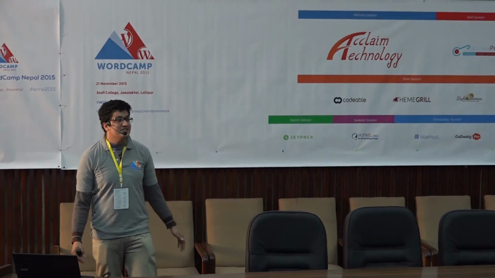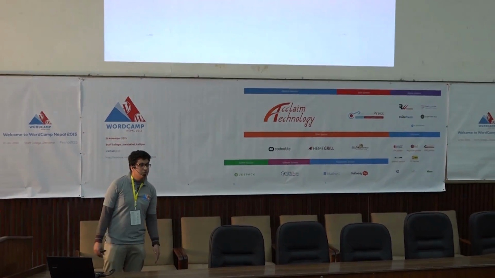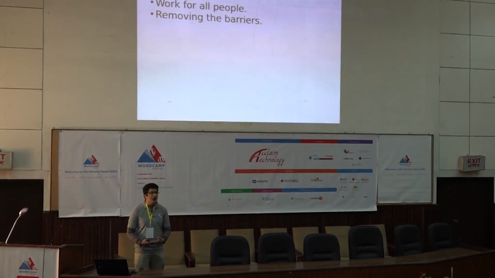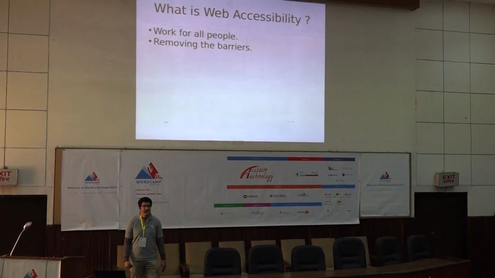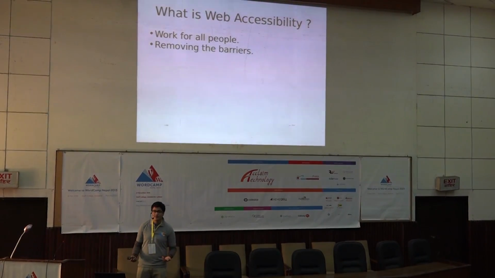So what is accessibility? I think I should begin with a Tim Berners-Lee quote. He says, "The power of the web is in its universality. Access by everyone, regardless of disability, is an essential aspect." So Tim Berners-Lee states that the web is such a powerful information tool that it can be made accessible to everyone.